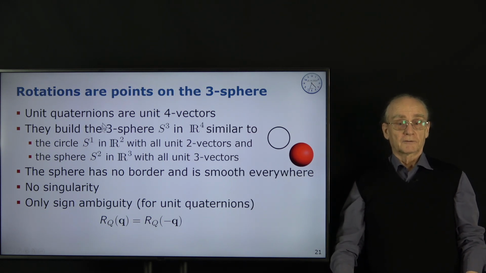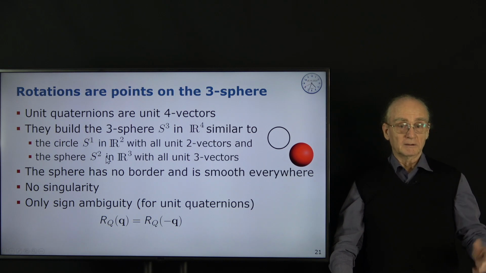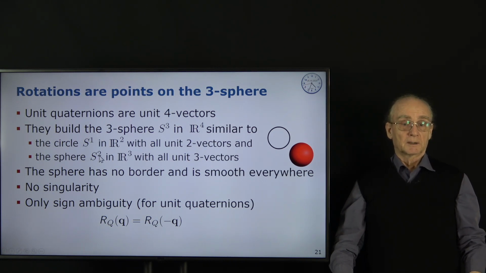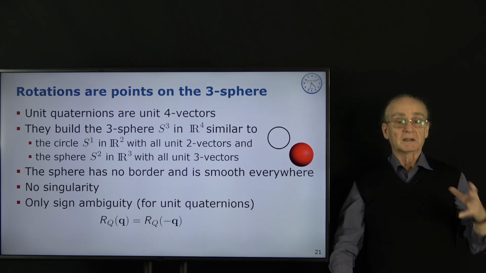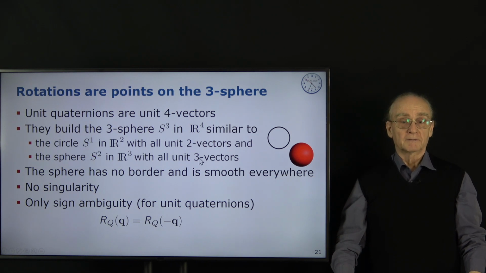So the circle S1 in the plane contains all unit vectors of length 1. And we have a sphere S2, the classical sphere. The upper index 2 means we have a two-dimensional surface in R3, and it's represented by all 3-vectors which have unit length.